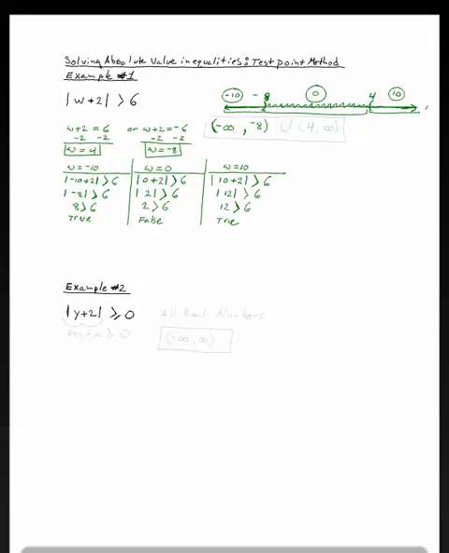But we also want this stuff that's greater than 4. So we write union, because we want or, union, from 4 all the way up to positive infinity. And that is our final answer.